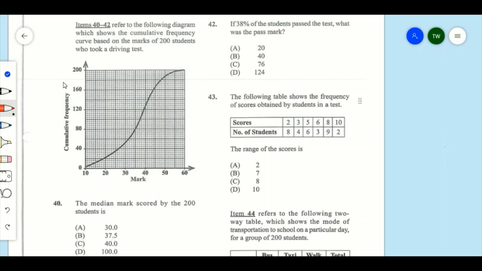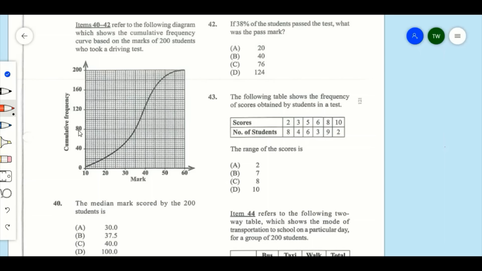The median mark scored by the 200 students is, now median means the middle score, right? Now because it's an even number, which is 200 students, we know that the median is going to fall between 100 and 101, which is going to be 100.5, right?